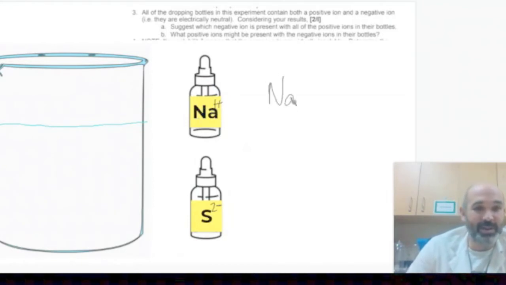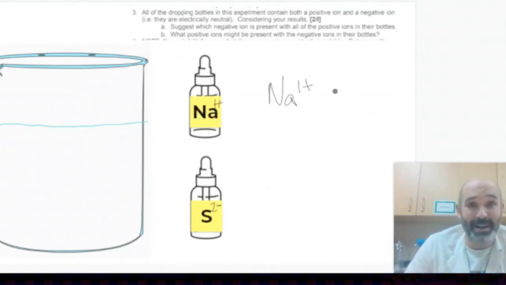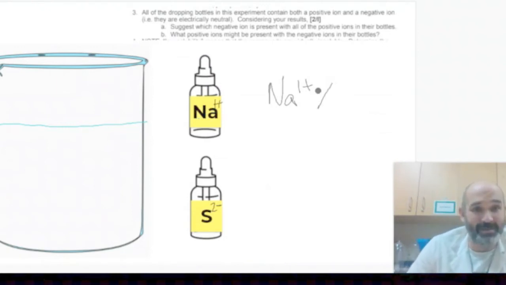So sodium, as we know, is 1+. But with all of the cations has to come an anion. So there has to be some anion, let's label it X, that would have a 1- charge to balance out the sodium, or it might not as well. There could be multiple options to this. And again, remember, these have to be highly soluble.